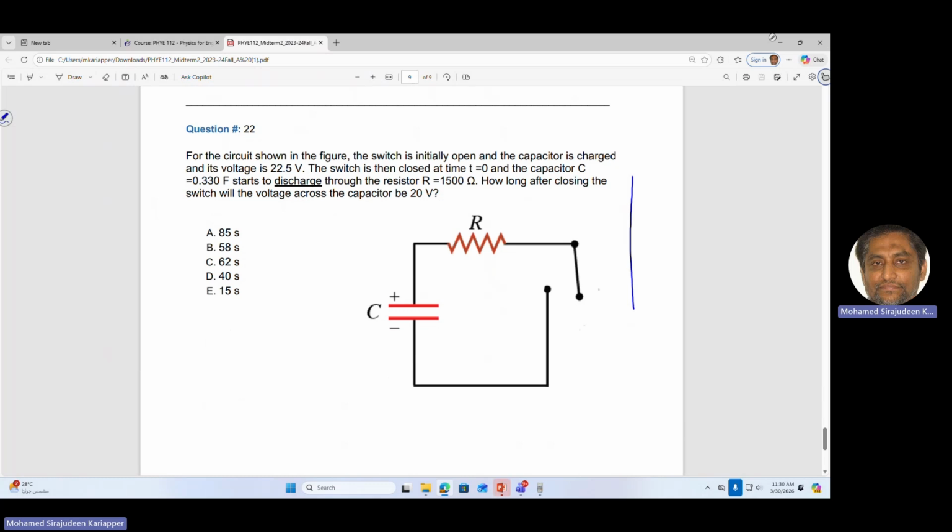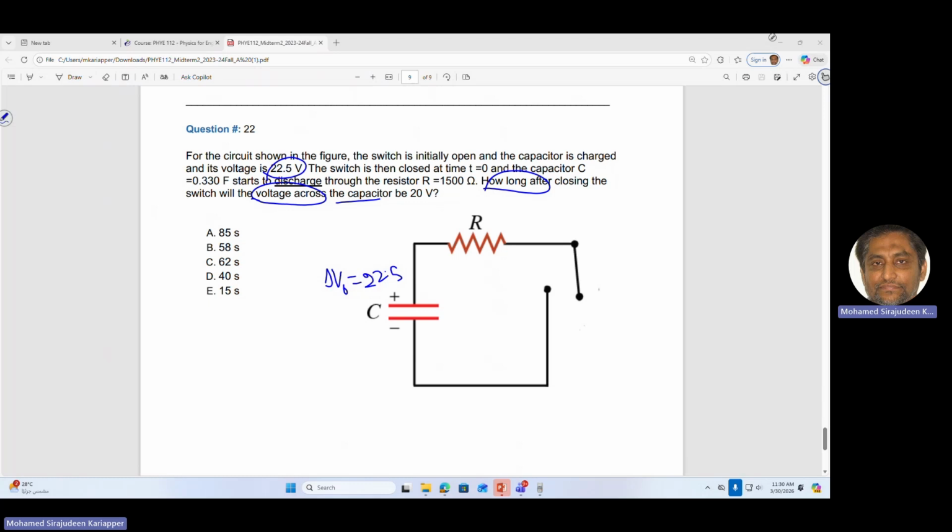Same thing, right? Now this time he is asking about the voltage across the capacitor. Start with the voltage of 22.5, same as before.